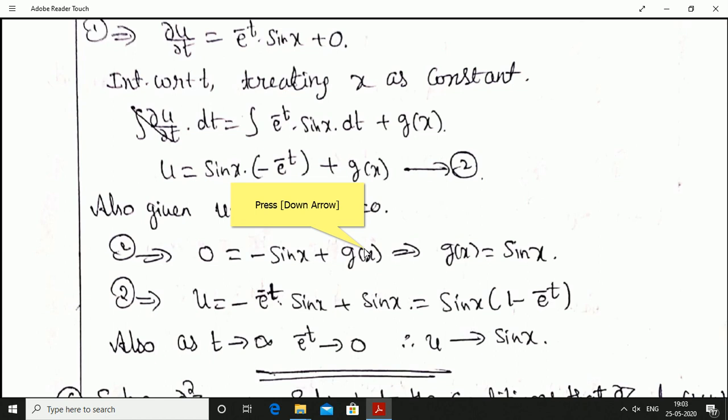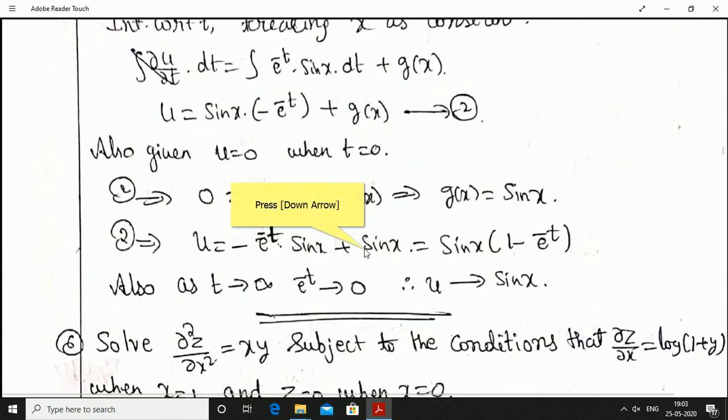When t is equal to infinity, e power infinity is infinity, 1 by infinity is 0. Hence, e power minus t tends to 0 as t tends to infinity. As t tends to infinity, e power minus t tends to 0, which means u tends to what? Sin x into 1 minus 0, okay, nothing but sin x. U approaches sin x. That's the answer.